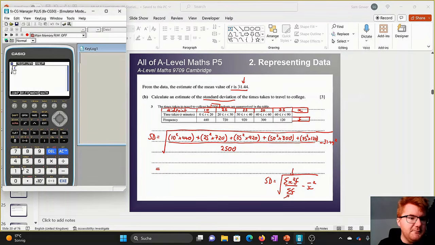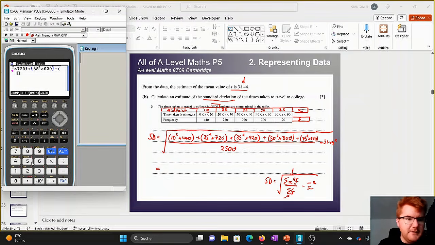So we have bracket 10 squared times 440 plus open bracket 25 squared times 720 plus 35 squared times 920. Again, checking all the values as you go along, not making a mistake.